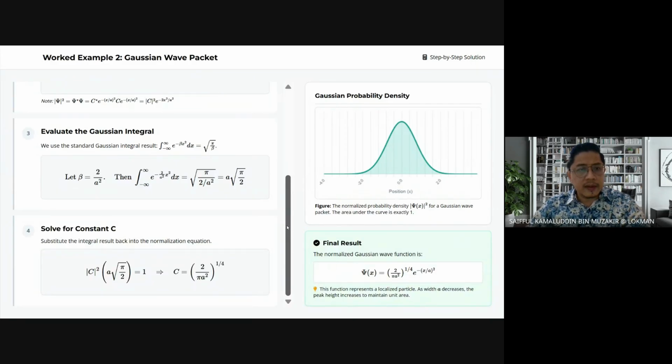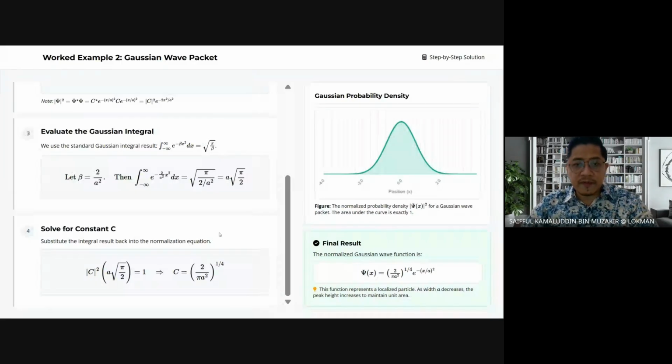So, step 3. Substitute. We get c squared times a times the square root of pi over 2 equals 1. This is step 3. Step 4, solve for c.